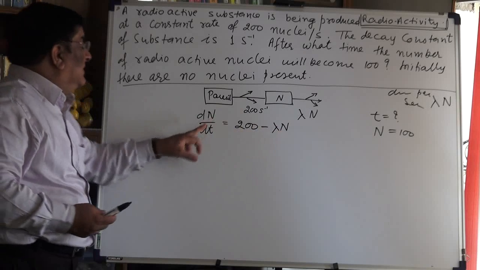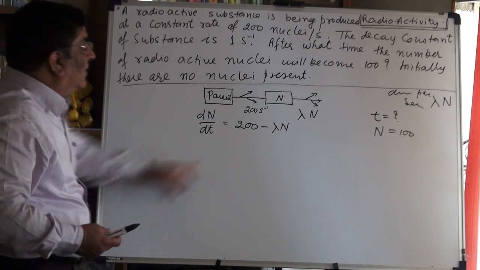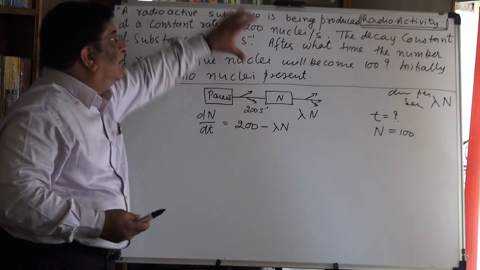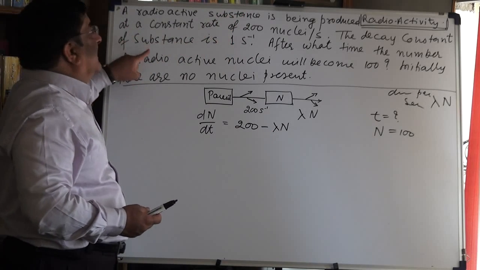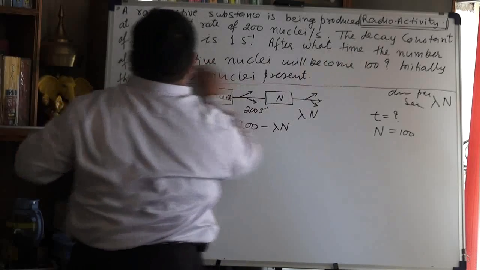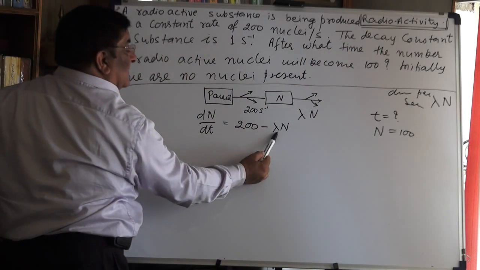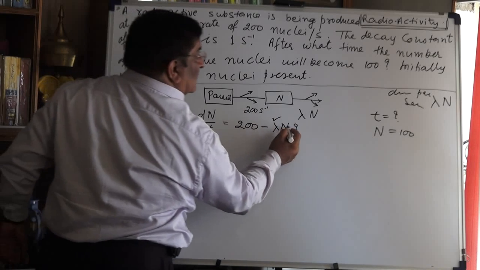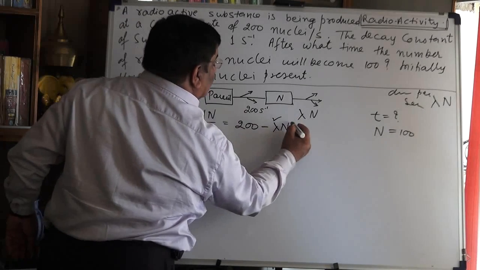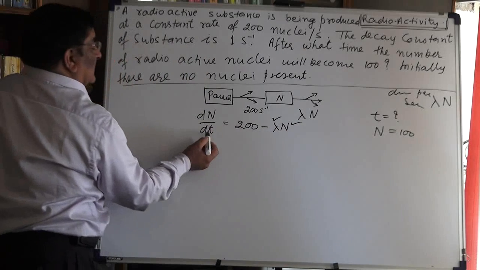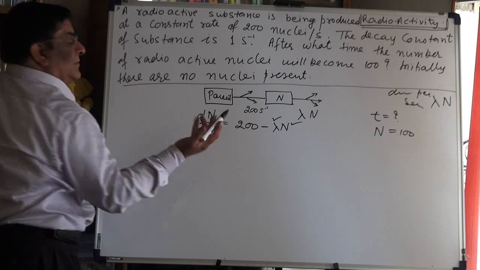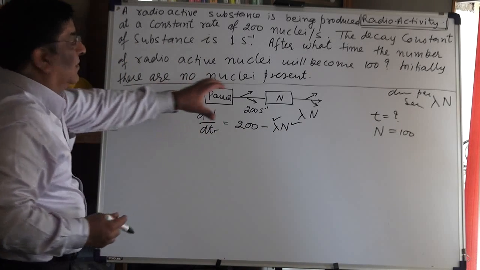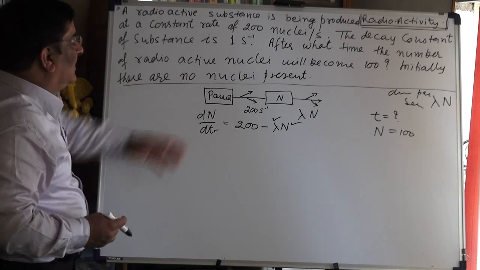Then what will happen to lambda? We go searching and we find it is given. The decay constant is 1. So this is given to us, and this we are supposed to find out.